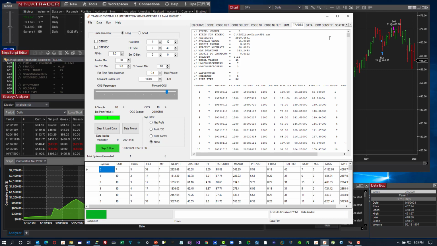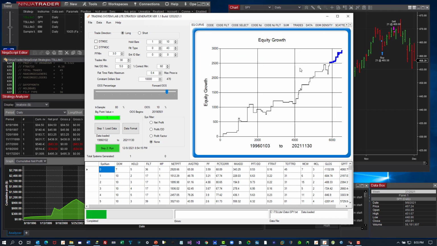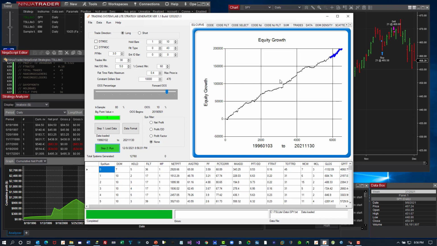And we already talked about the scatter plot and the day-a-month density. There's a brief summary of the overall trading strategies, either individually or combined as an overall package. I happen to be looking here only at system number 0 because that's the last system that I double-clicked on. And of course, we have the equity curve of the individual trading strategies or of all of the trading strategies together as we did before.